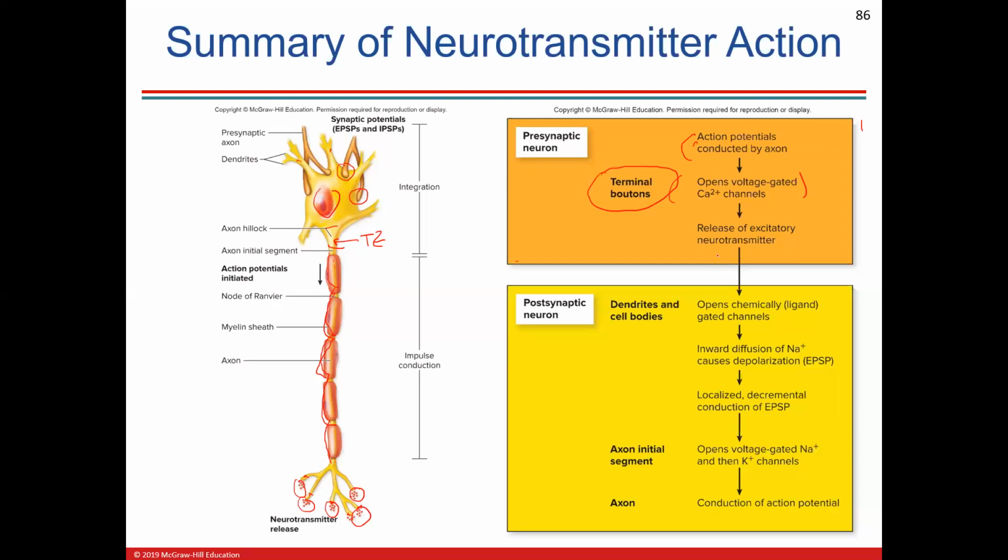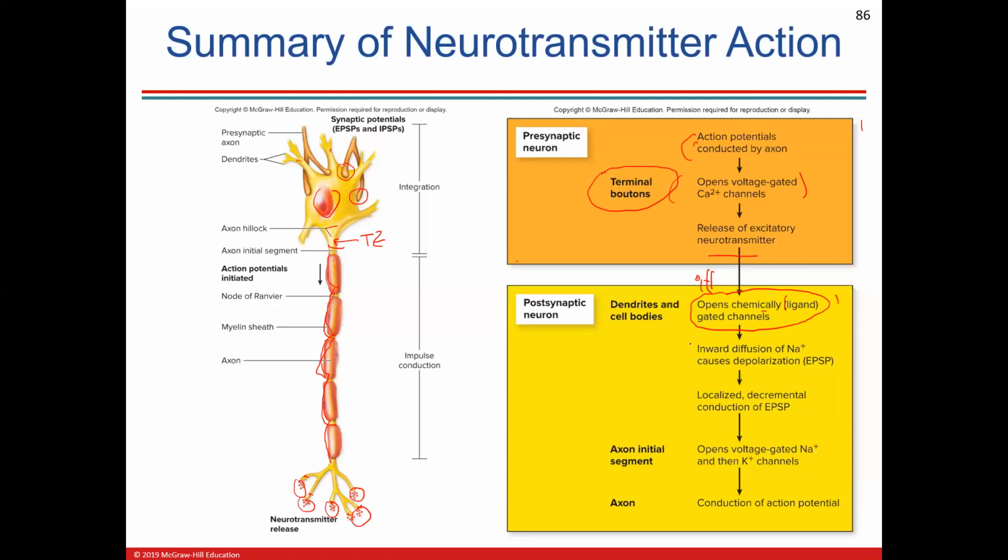And then you have release of an excitatory neurotransmitter. And the neurotransmitter is the ligand. But of course, the neurotransmitter needs a receptor. The ligand has to bind to a receptor to open up the gated channels, the ligand-gated channels. And the neurotransmitter is chemical, that's why they call it that.